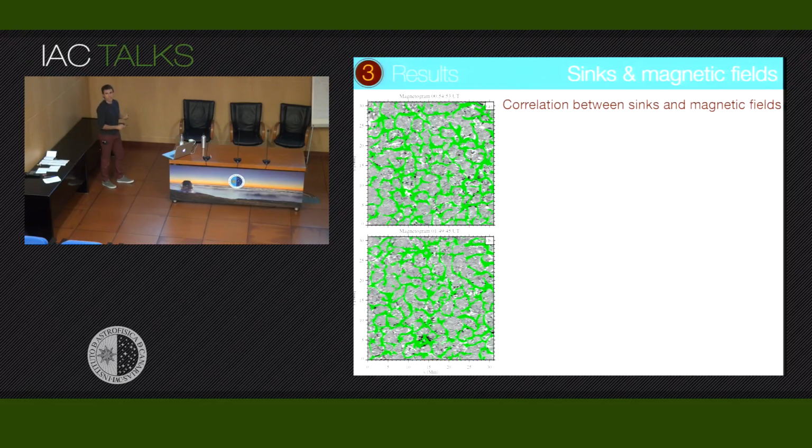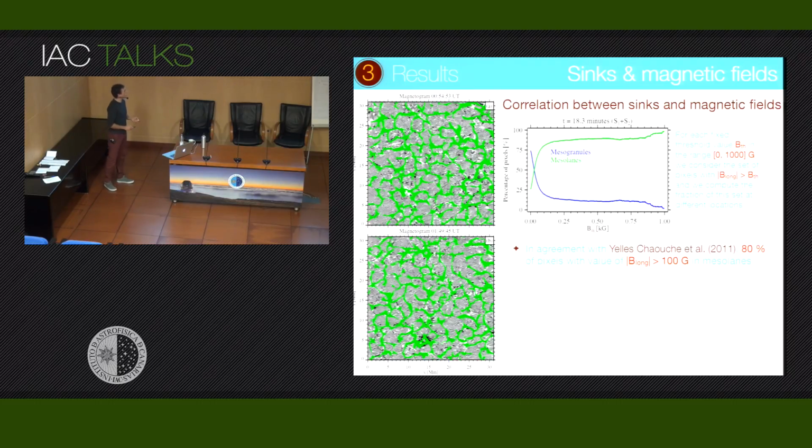In order to quantify this, for each threshold value in this axis, we consider the set of pixels above each threshold, and we compute the fraction of this set at the different places. For example, at mesolanes, here in green, or at mesogranules, in blue.